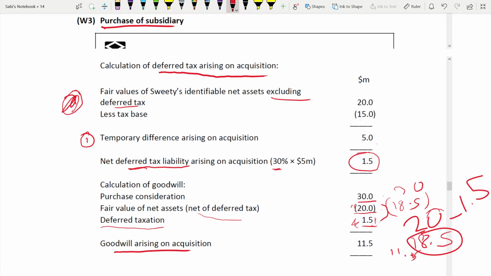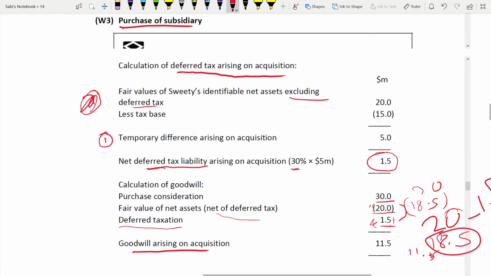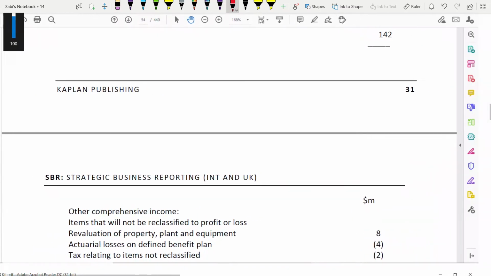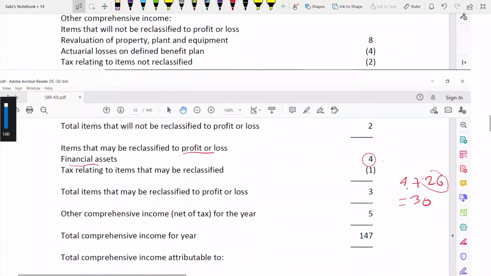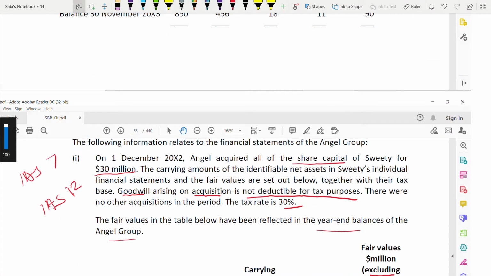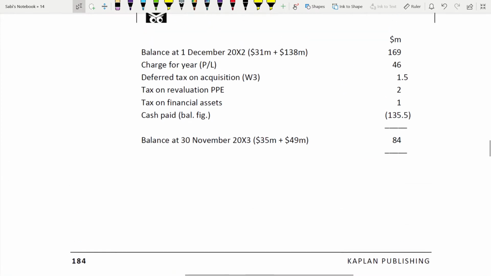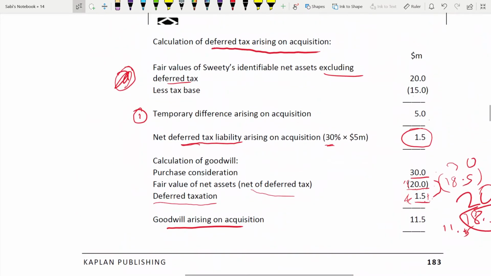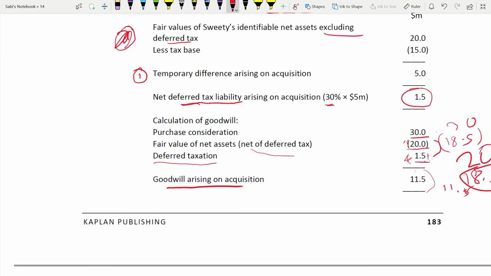So once we have taken the purchase consideration, I kind of forgot. We'll see that. Definitely will be the first paragraph. Right? Yes, they have bought it for 30 million. Okay. So this is the goodwill, 11.5. Okay.